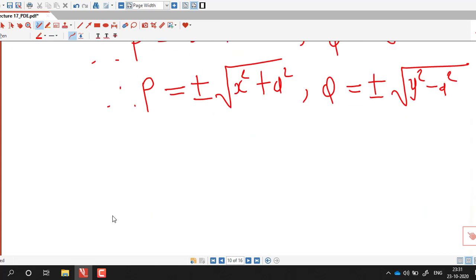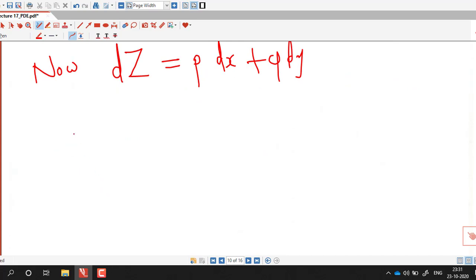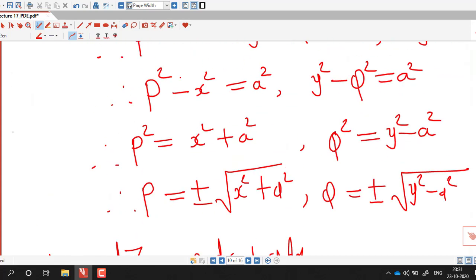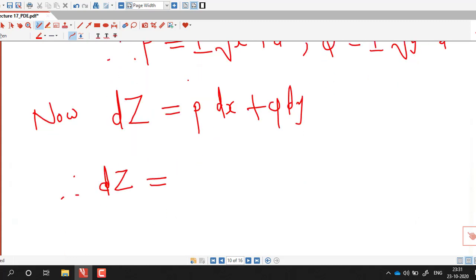So now once we obtain values of p and q, we put them in this equation: d capital Z equals p dx plus q dy. Therefore d capital Z equals plus or minus under root x square plus a square dx.